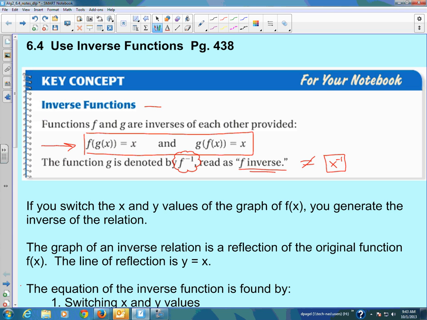So just think of inverses as undoing one another. One example of this would be our equations for calculating Celsius and Fahrenheit. If you were to plug the Celsius equation into the Fahrenheit equation, or the Fahrenheit equation into the Celsius equation, you would undo the other one.